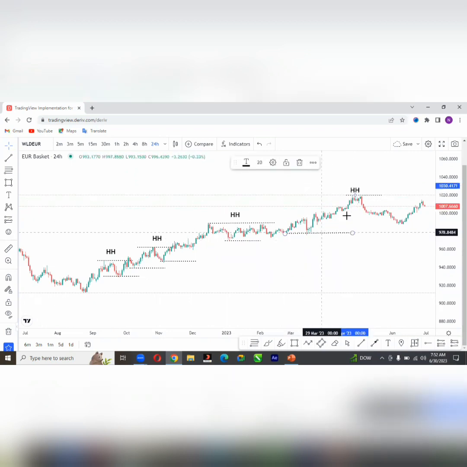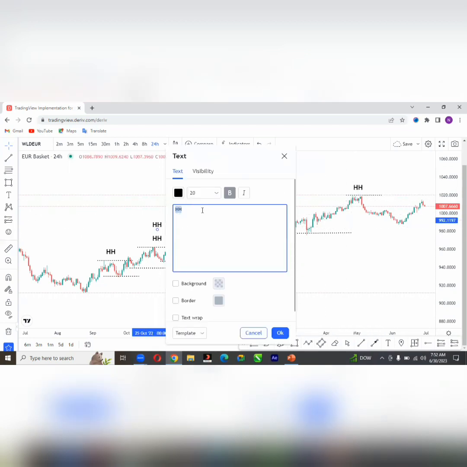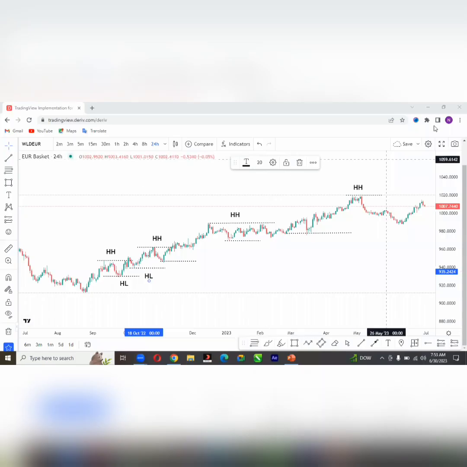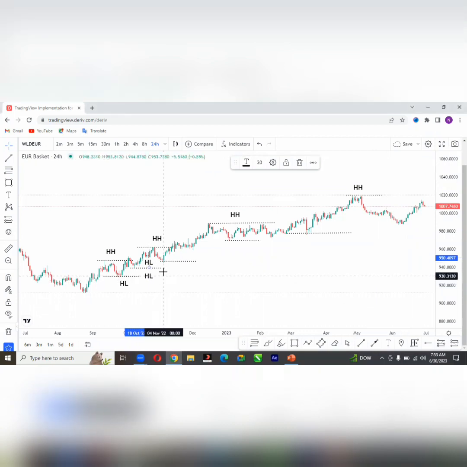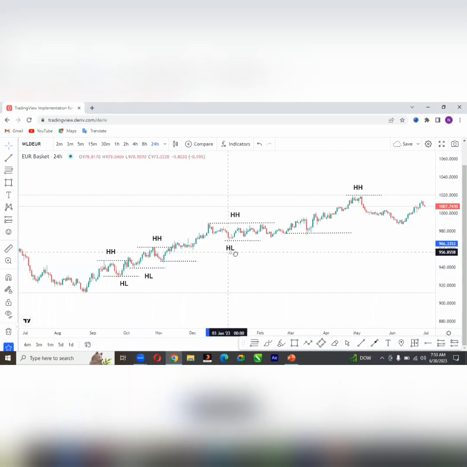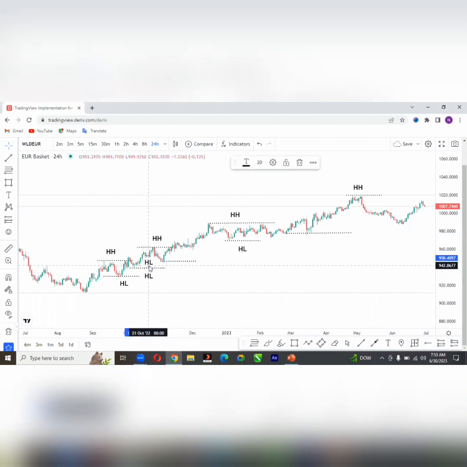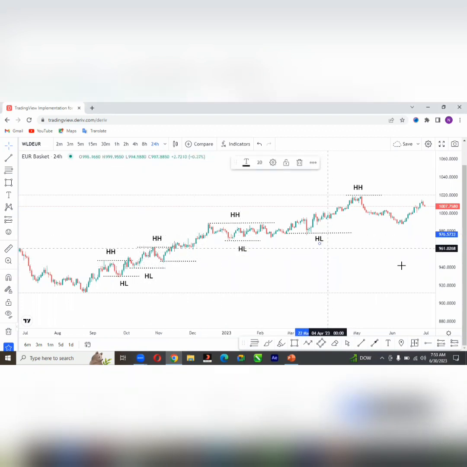And then as well, edit this one to HL. We continue from where we stopped. Sorry for that. And then all the way up, all the way up, all the way up, and it continues that way.